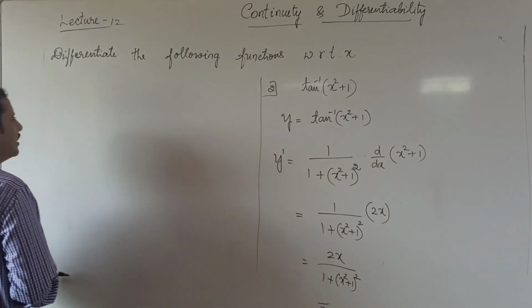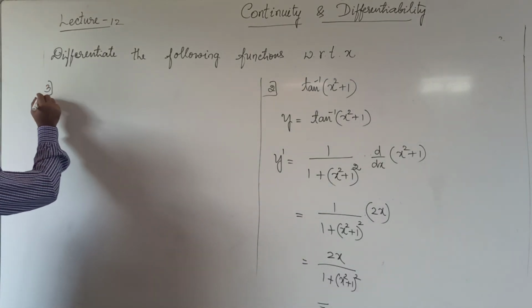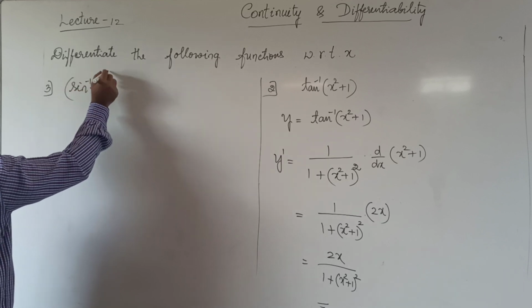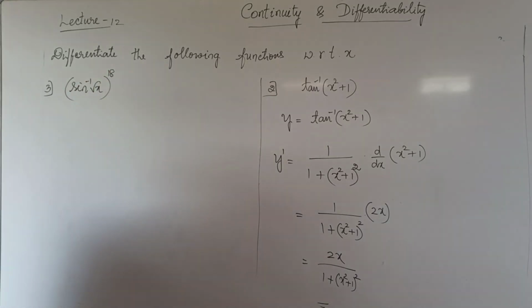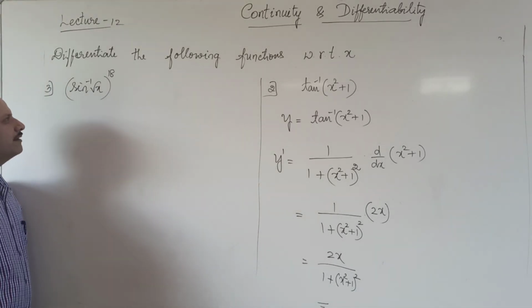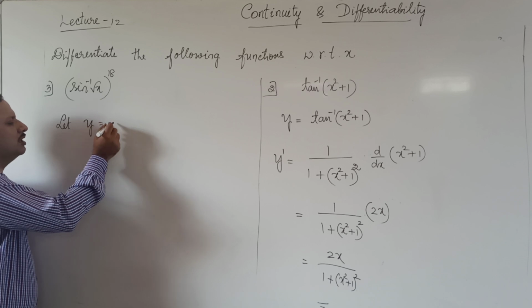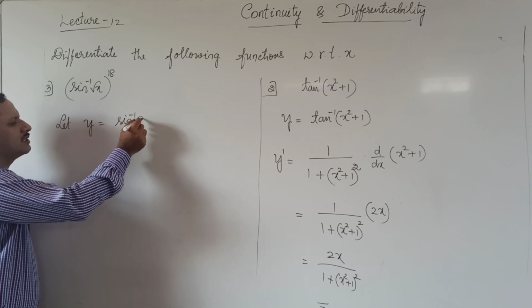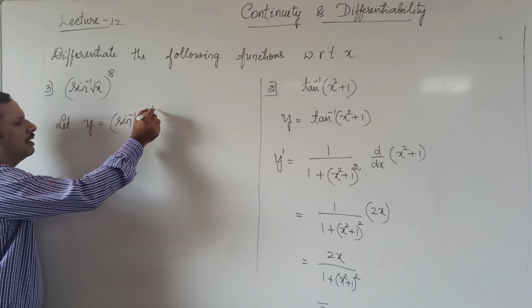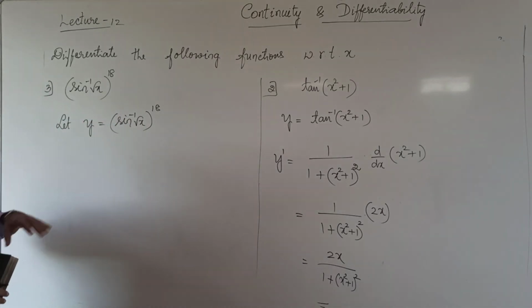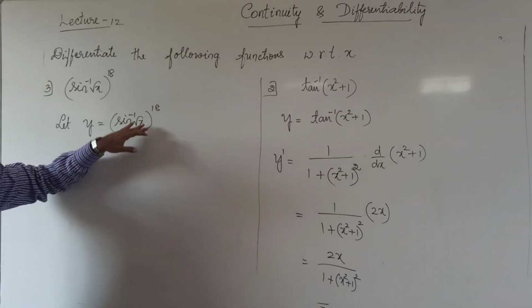Next question. Sin inverse of root x whole power 18. I'll call this as y. Let y is equal to sin inverse root x whole power 18. This looks like y is equal to x power n.